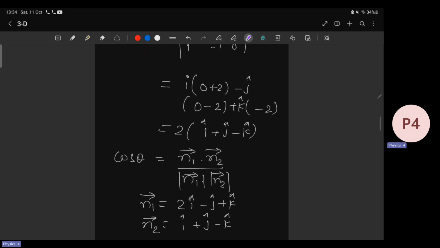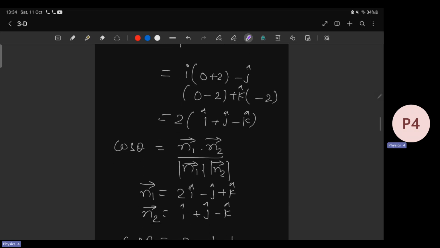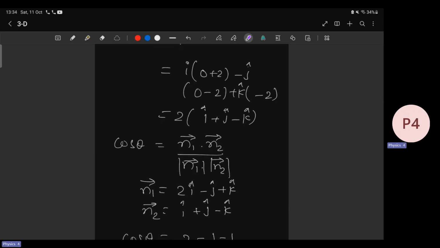Now we have N2 and we already have plane P1, so we have N1. The angle between two planes is the angle between their normals. So we can find cos theta as N1 dot N2 upon the magnitudes of N1 and N2.